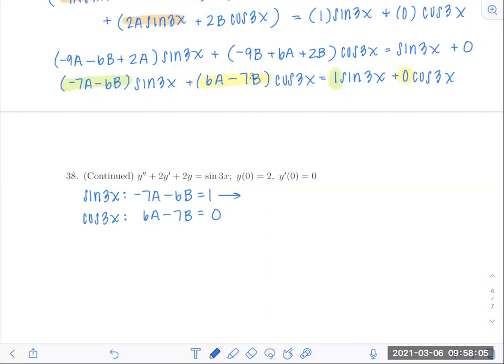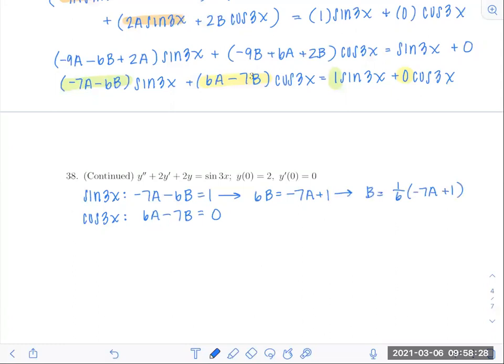I will solve for b in this equation. So 6b equals negative 7a plus 1. So b is going to be 1/6 of negative 7a plus 1. And so I will go ahead and plug this into the equation.